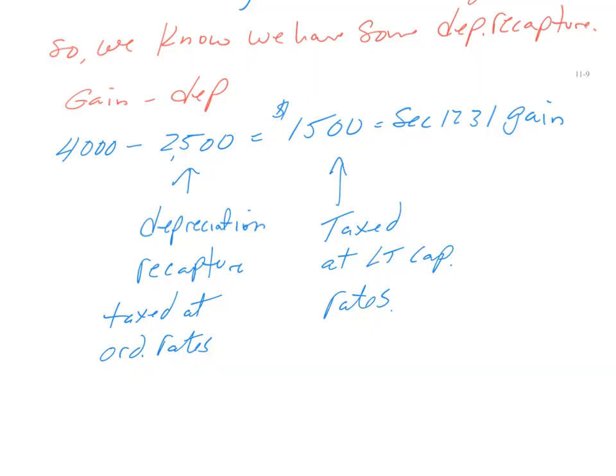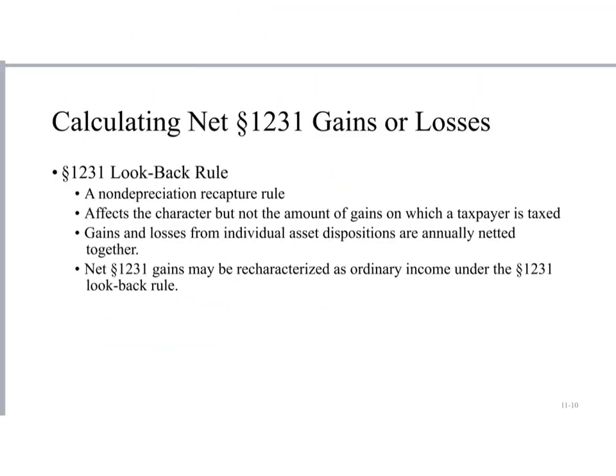All right, so there is one last wrinkle. And the last wrinkle is called the Section 1231 look-back rule. Okay? And what this means is you have to look back 5 years. All right?